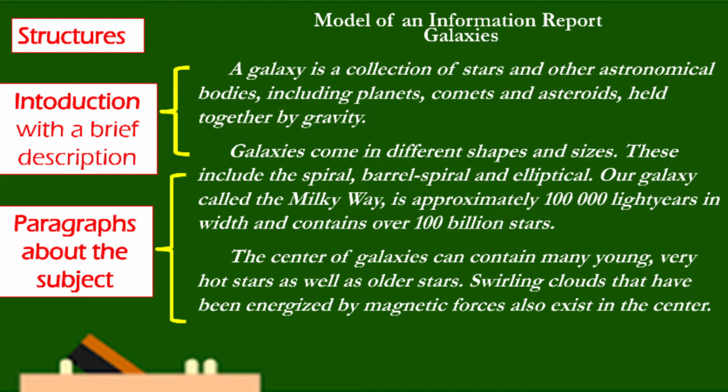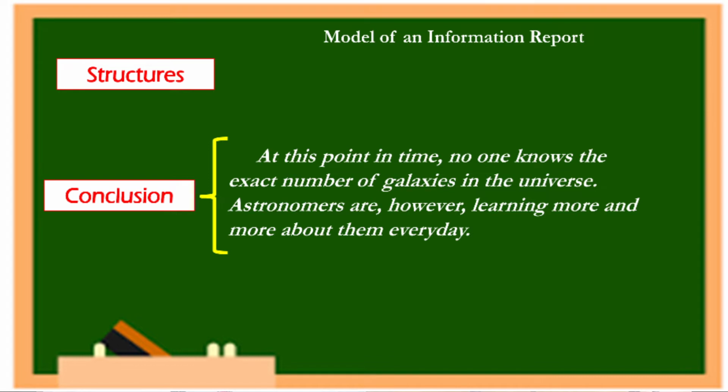The first paragraph is what we call introduction with a brief description. You can see here. And the next part is the paragraphs about the subject. So it is a series of paragraphs talking about or describing more of the subject. And the author included a conclusion.